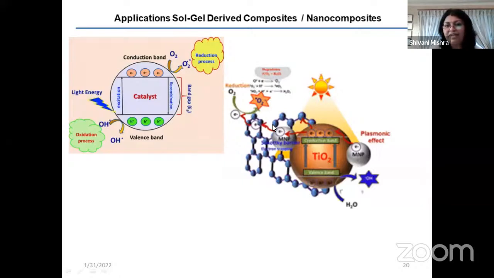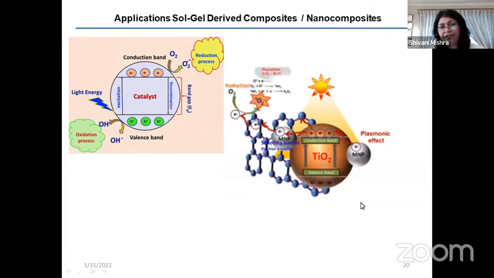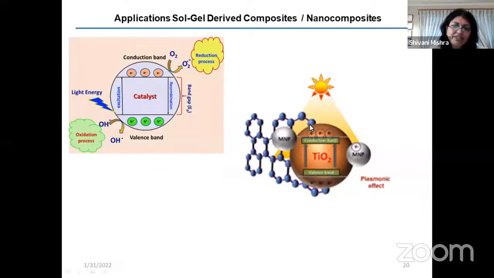Those electrons then participate in the redox reactions, the reduction process, or the oxidation process. On the other hand, the holes participate in the oxidation process. This whole process is very quick to view and understand.